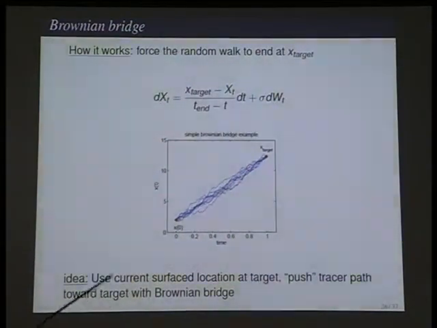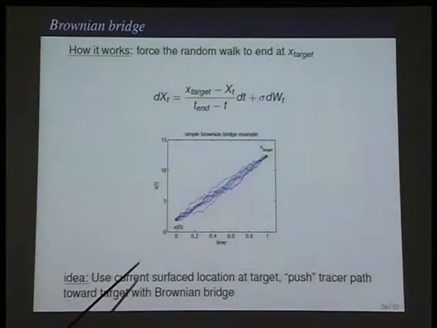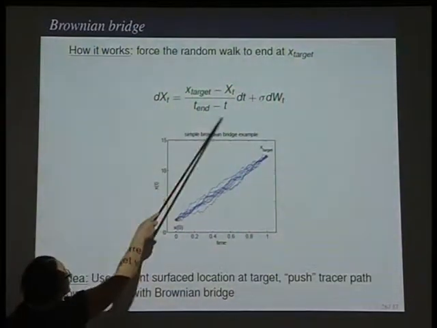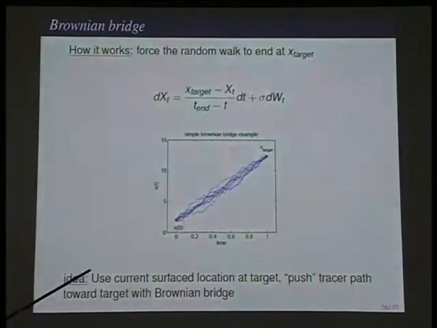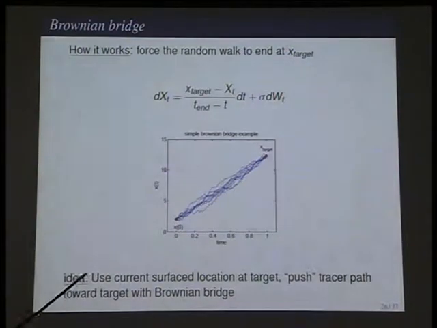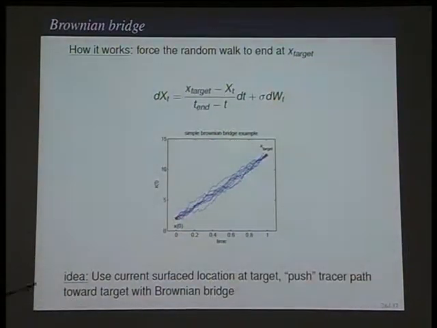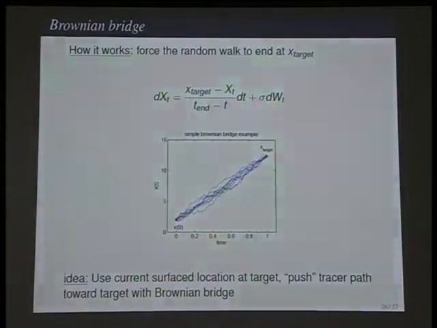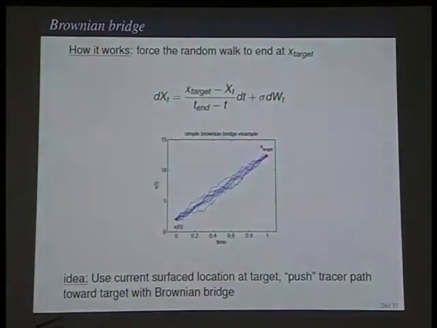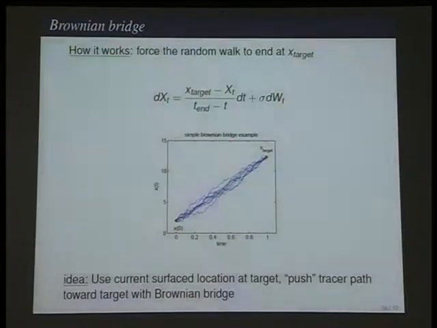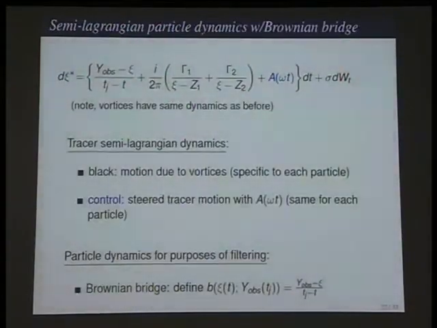Basically, what the Brownian bridge does is push myself, in the drift term, on a line toward my target. So this is what we want to do: use the surface location as a target, and then push our tracer paths with the Brownian bridge toward that target. So this is the plan.